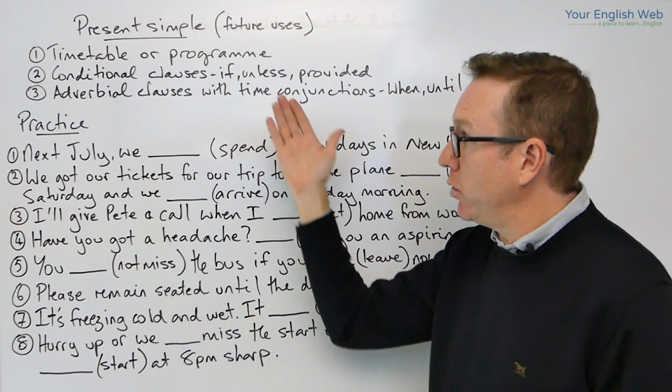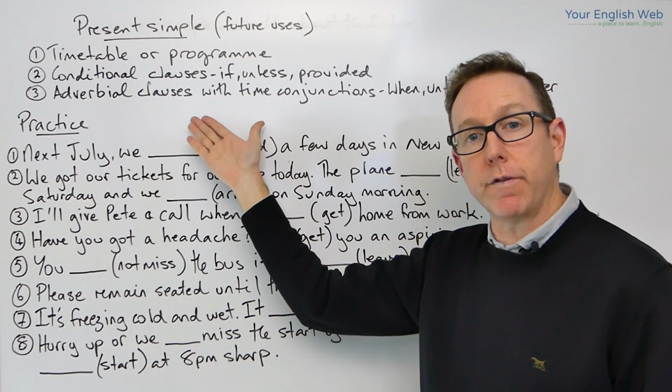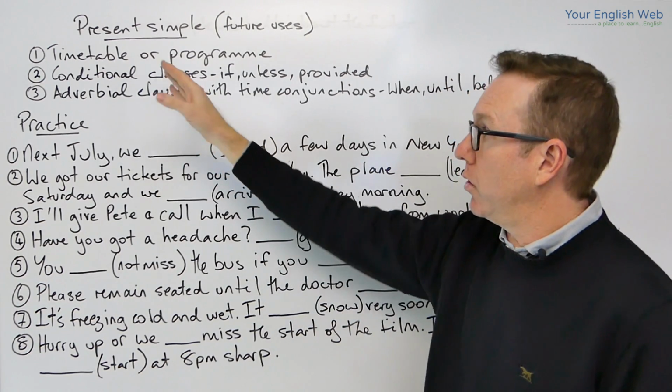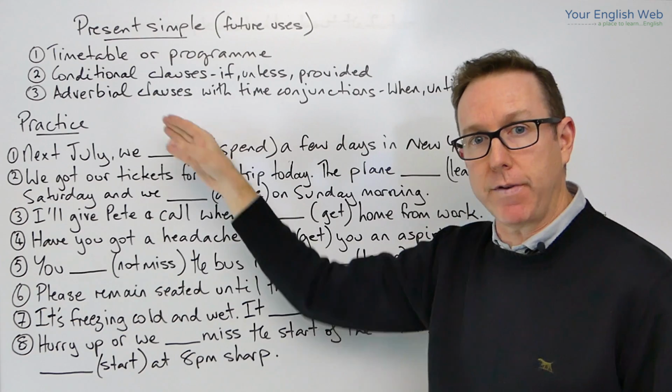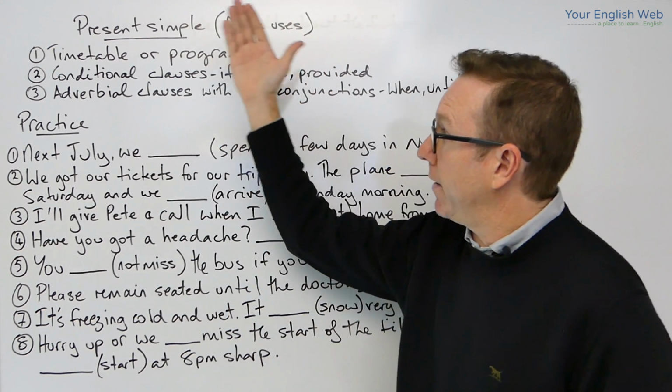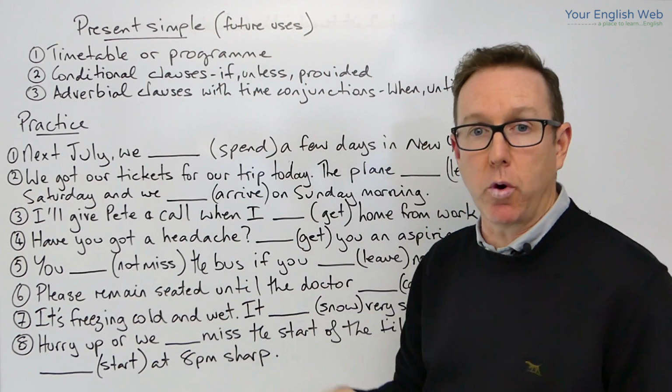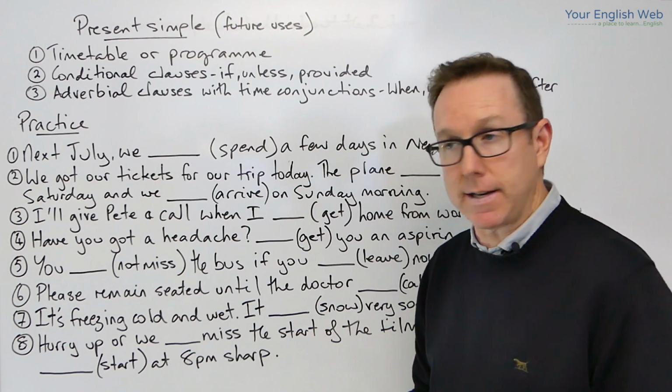However, the use of the present simple to refer to the future is limited to more or less three specific conditions. So when we're talking about timetables or programs or other fixed events, let's say.